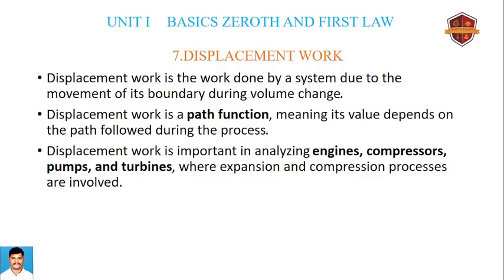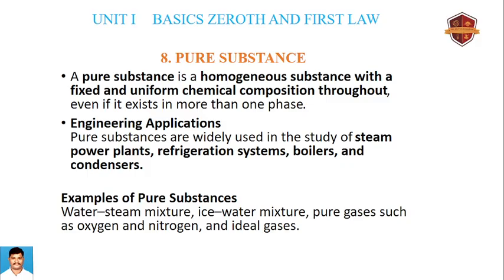The displacement work is the work done by a system due to the movement of its boundary during volume changes. This is a path function. Its value depends on the path followed during the process. This is important in analyzing engines, compressors, pumps and turbines, where expansion and compression processes are involved.